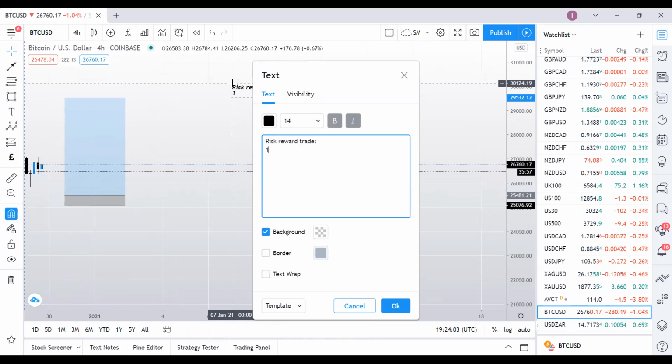It's given us a 1 to 10 ratio. So here's now step one, when you put these trades on.